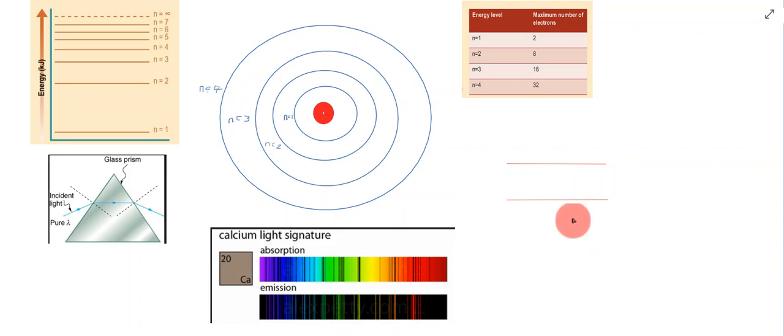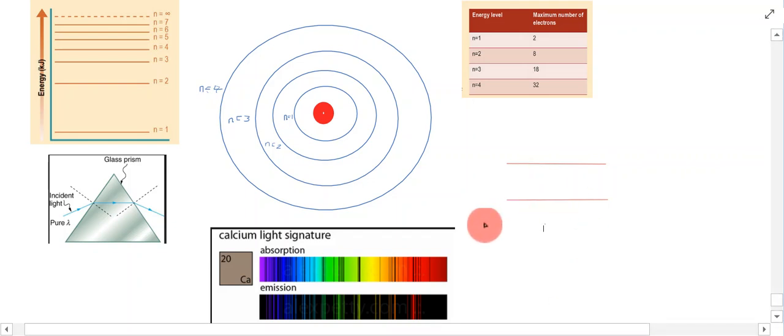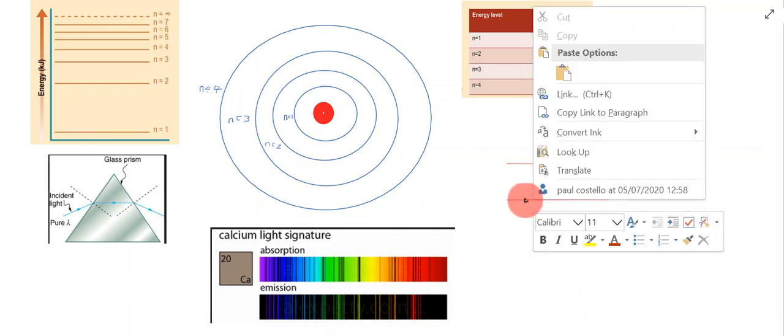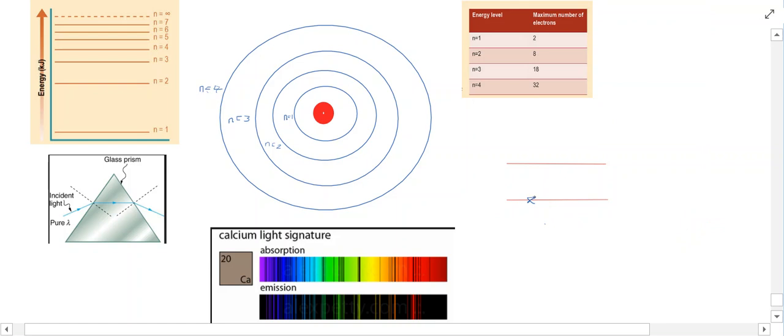So just a little bit of a quick recap. Imagine this here is an energy level, and we have an electron that's hanging out here. Let's say we'll just write it as an X in this energy level. What will happen is this electron will receive energy.